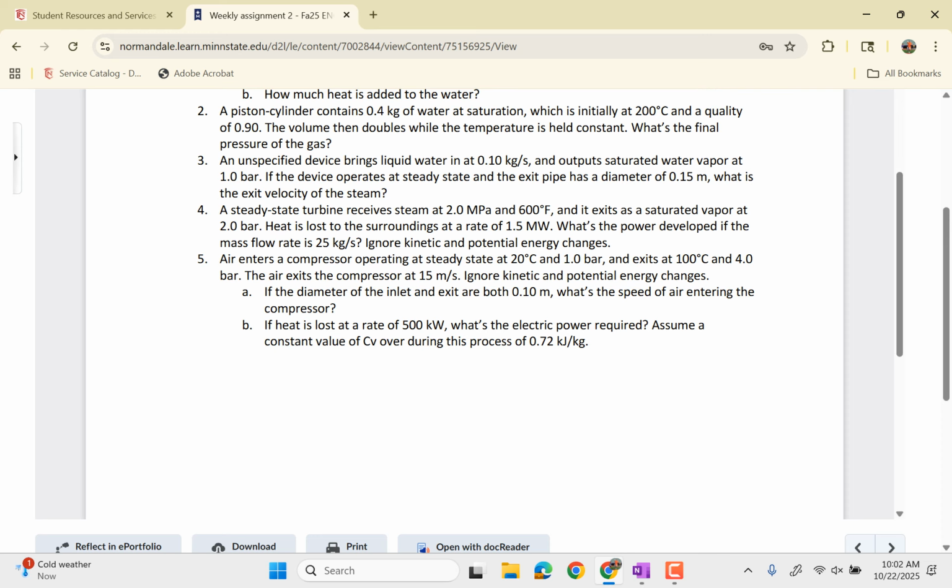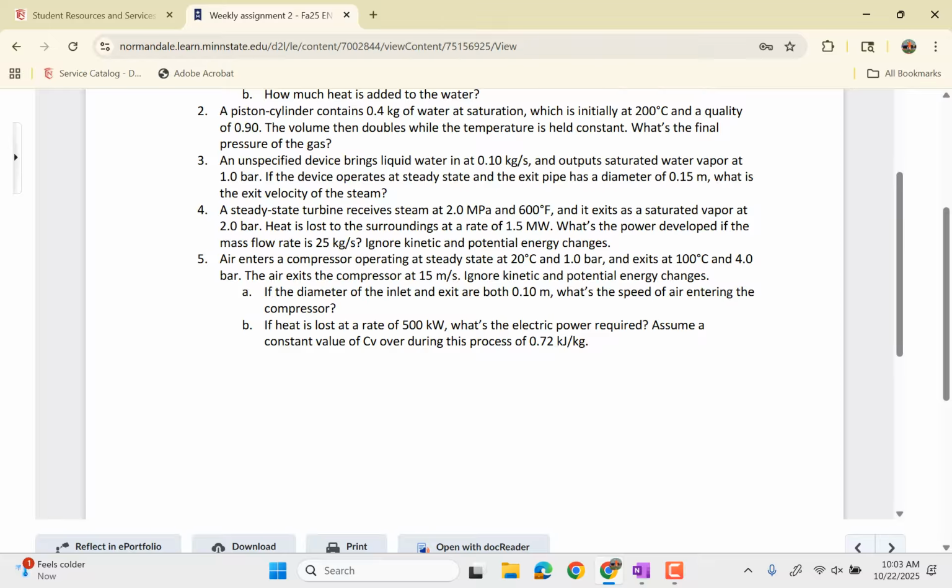So you can find any properties you want at the inlet or the exit. It's air. Probably that means use the ideal gas law. We can still use the website though for dry air? Yeah, you can.